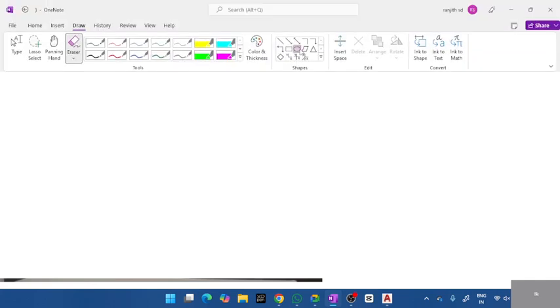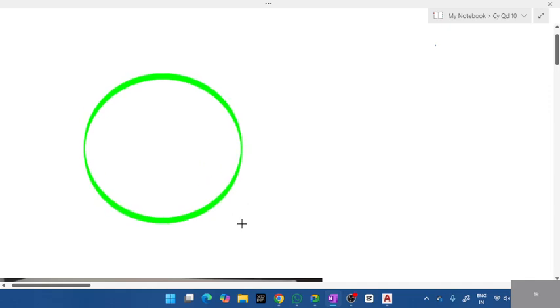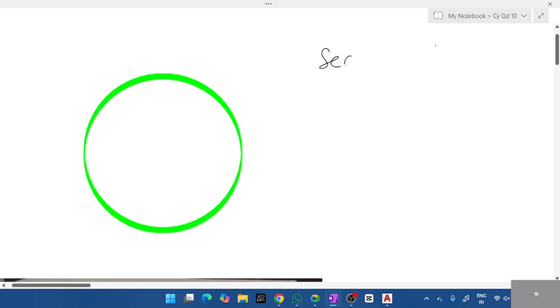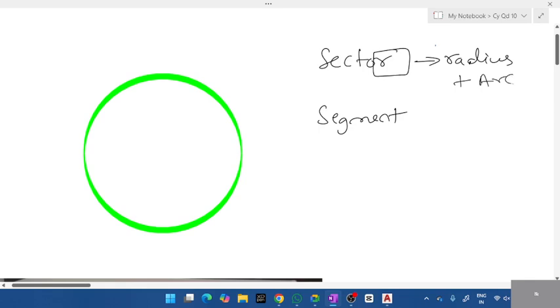Next, these are the things you'll have to remember. We have sector and segment. What do you mean by sector and segment, students? Know the difference between these two. What is a sector? A sector has radius plus arc, and a segment has chord plus arc.